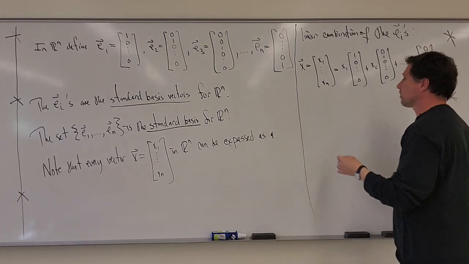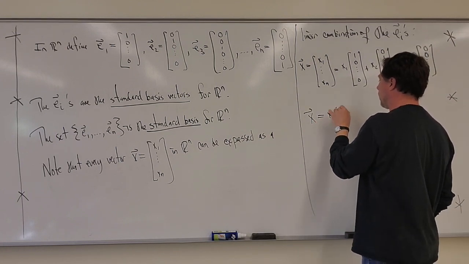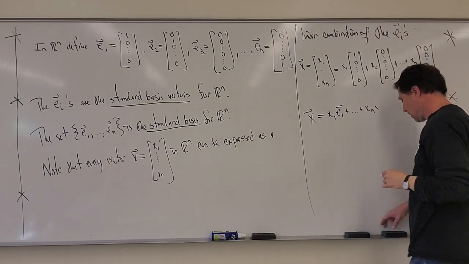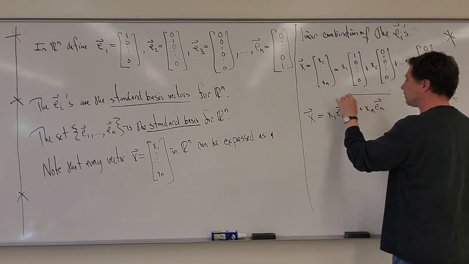In other words, x is equal to x1 e1 plus dot dot dot plus xn times e sub n.